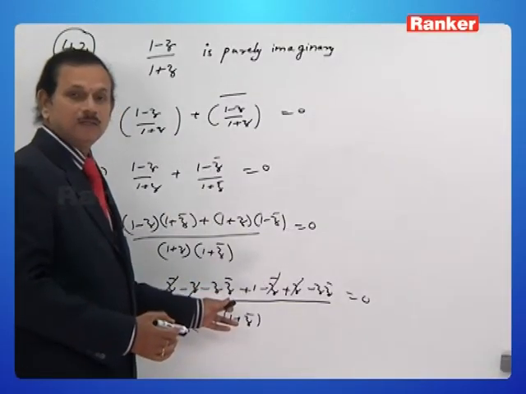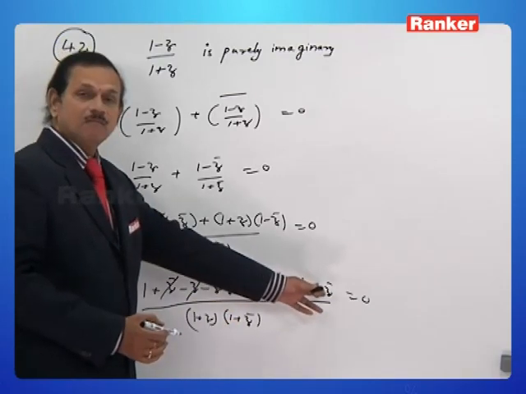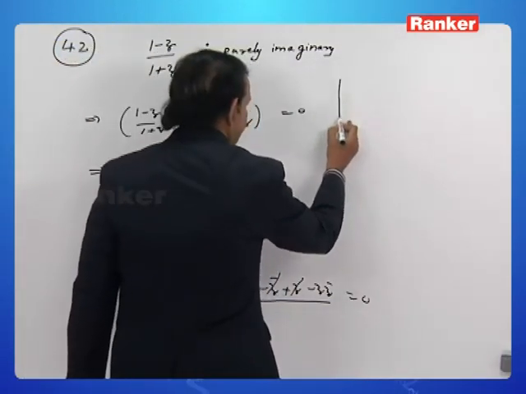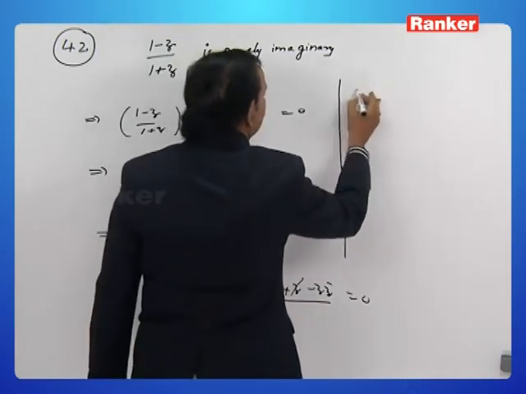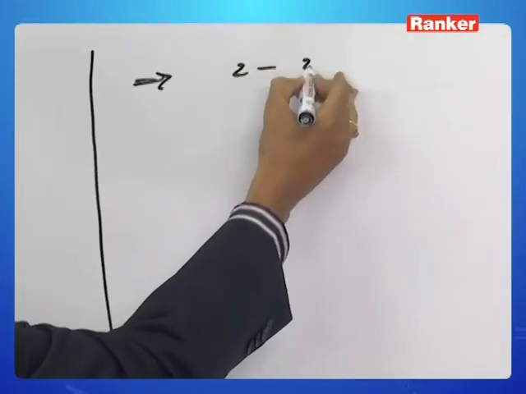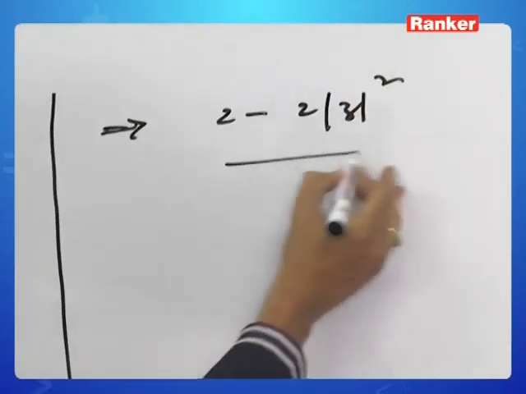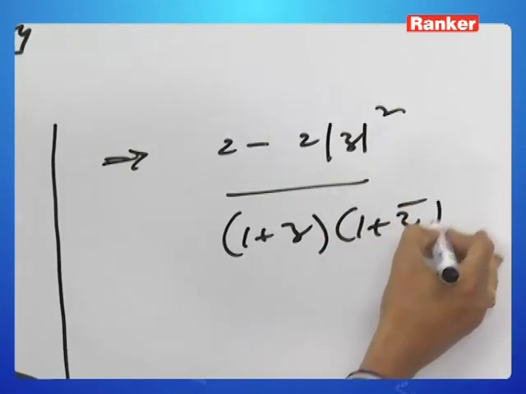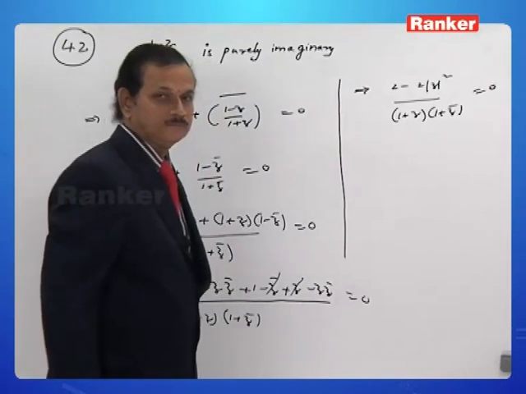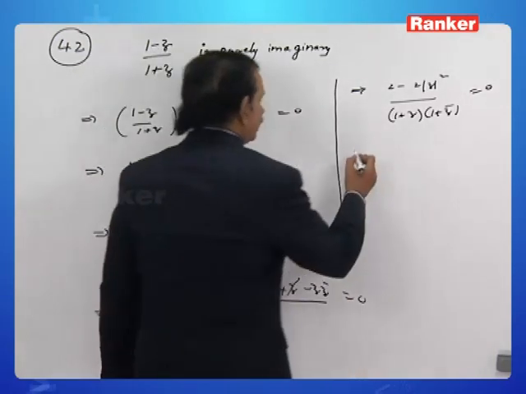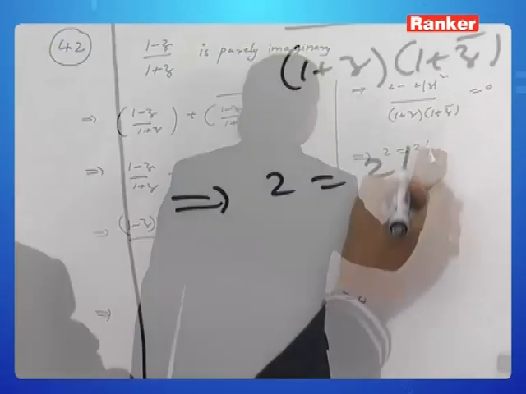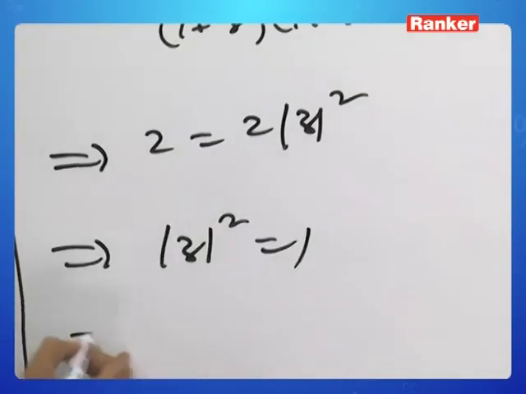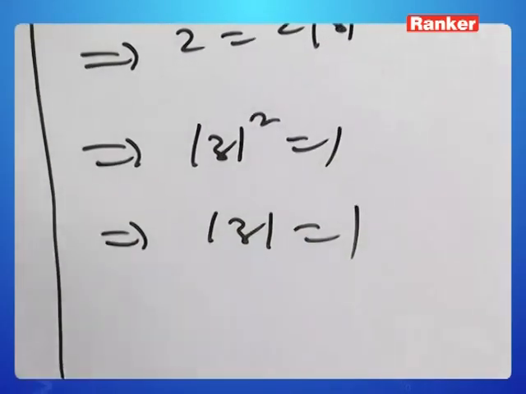One is Z Z bar, what is Z Z bar? Mod Z square. 1 plus 1, 2. Altogether the numerator becomes 2 minus 2 mod Z square by (1 plus Z)(1 plus Z bar) equal to 0. Thereby you get 2 is equal to 2 mod Z square, or mod Z whole square is 1, leaving you mod Z is equal to 1.